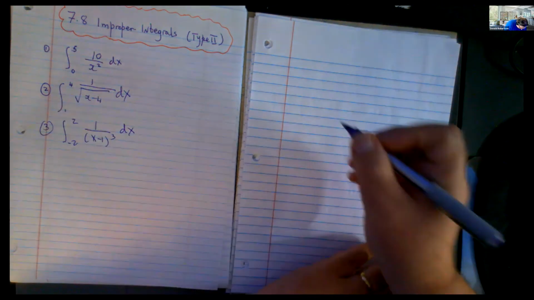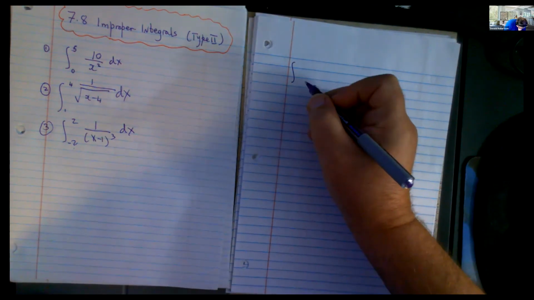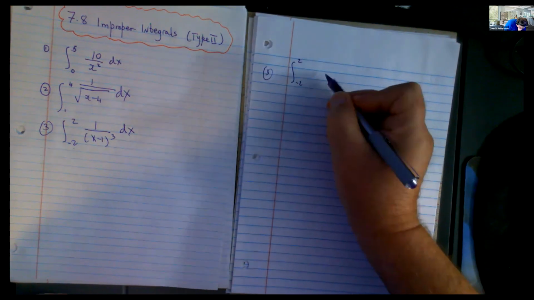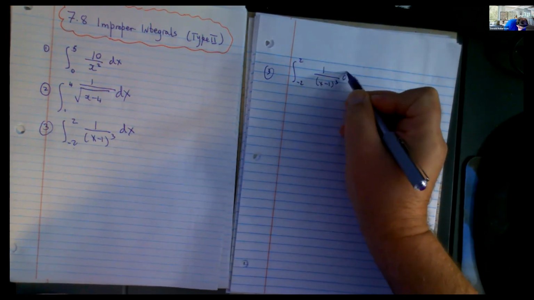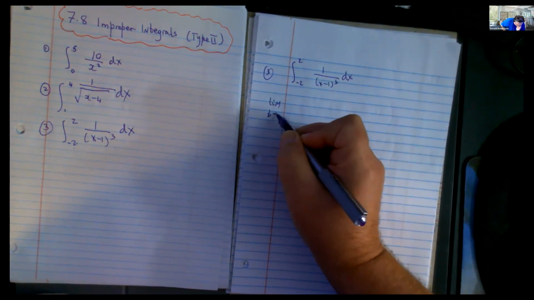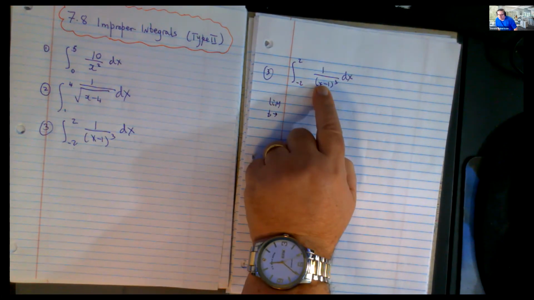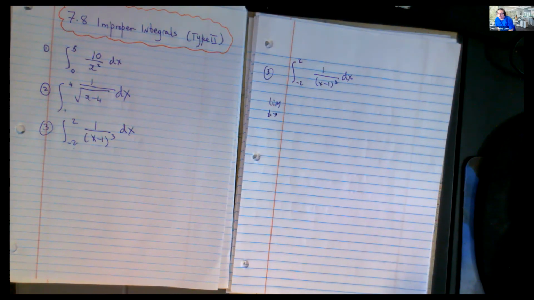So let's look at the last one. And I'm doing a double check that I haven't screwed this question up, and I can tell you it is good. This is a type 2. It has a vertical asymptote. But where is the vertical asymptote?